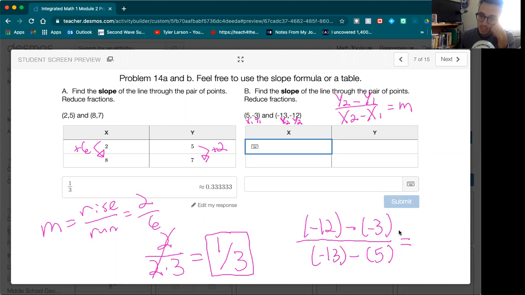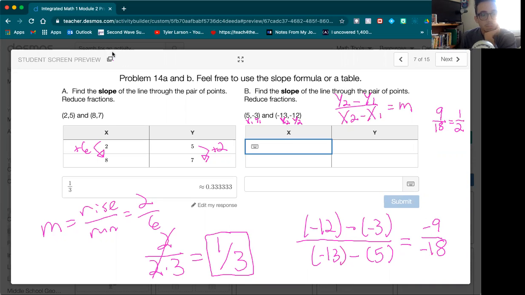-12 minus -3 should be addition. So think of this as -12 plus 3. So that's -9. -13 minus 5 is -18. These are both negative, so we can actually switch these to positive 9 over 18. And then simplify that to just 1/2.